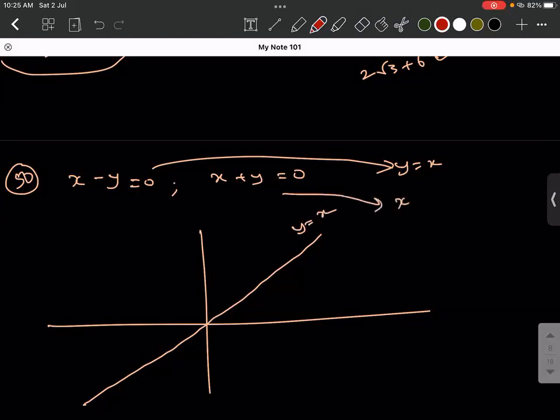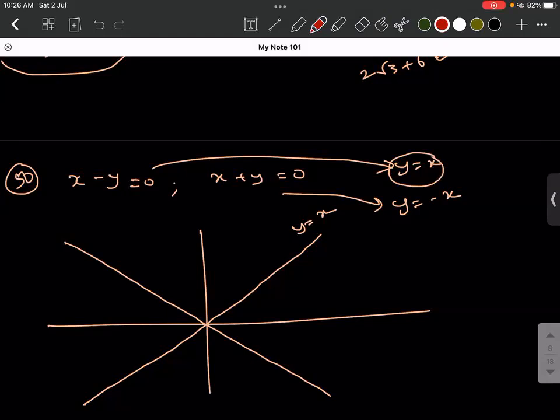Now if you see this thing, x plus y is 0 means y is equal to minus x. So y is equal to minus x will be a line belonging to wherever y and x are having opposite sign. Where are they having? Second and the fourth quadrant. Y is equal to x means y and x both have same sign.